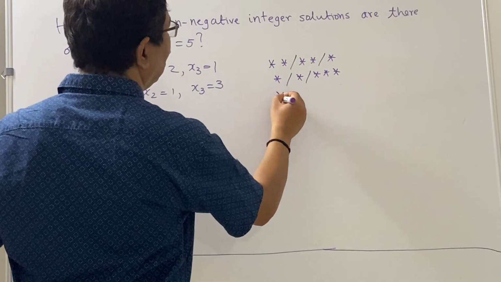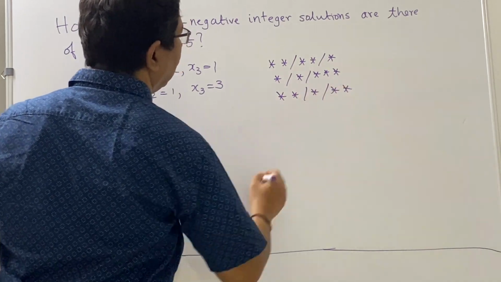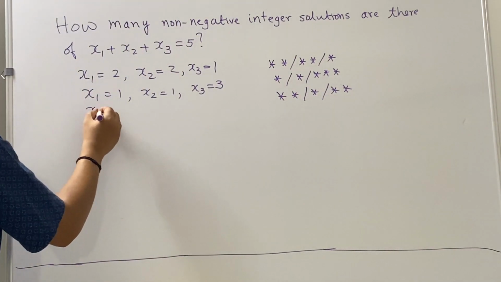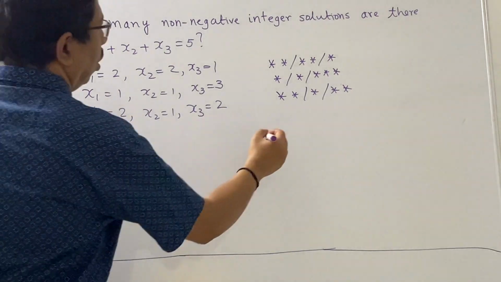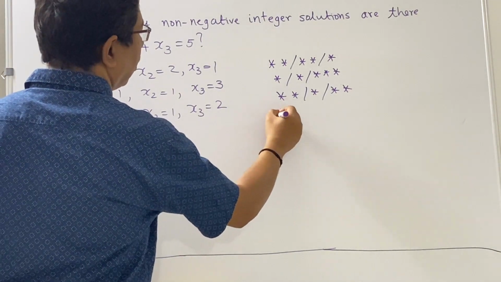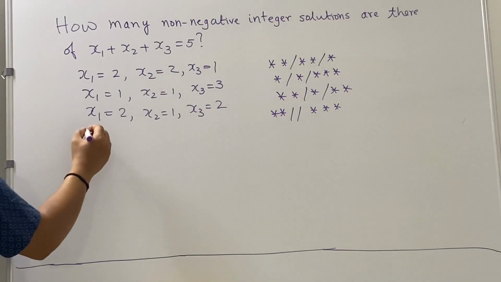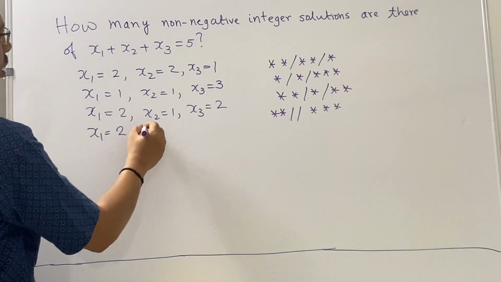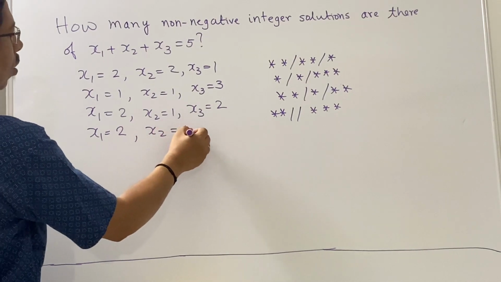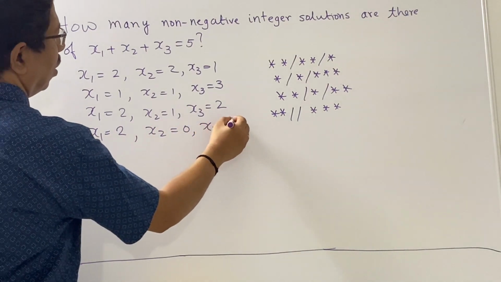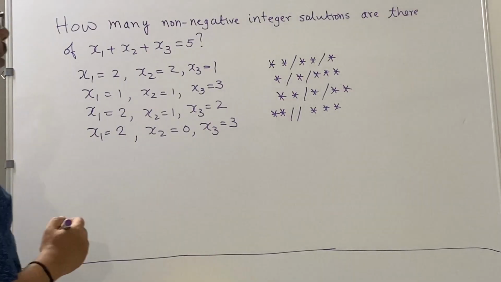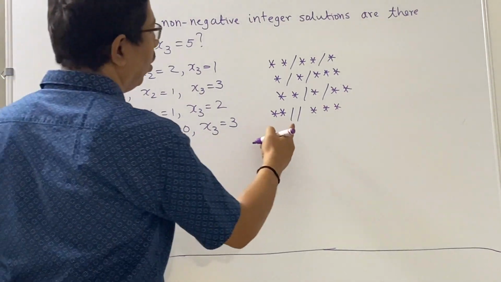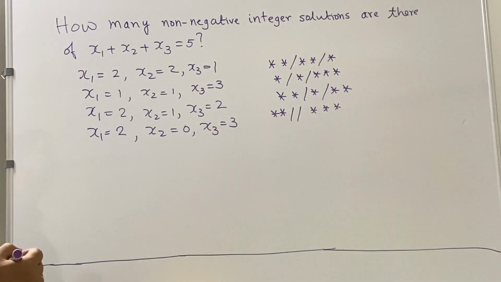So if we write down this pattern, this will correspond to the solution. What would be this? You may have correctly guessed that in this case x1 is 2, x2 is 0 and x3 is 3.